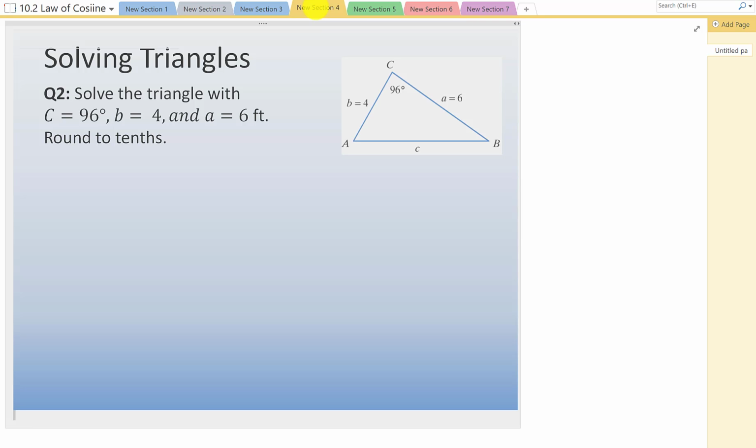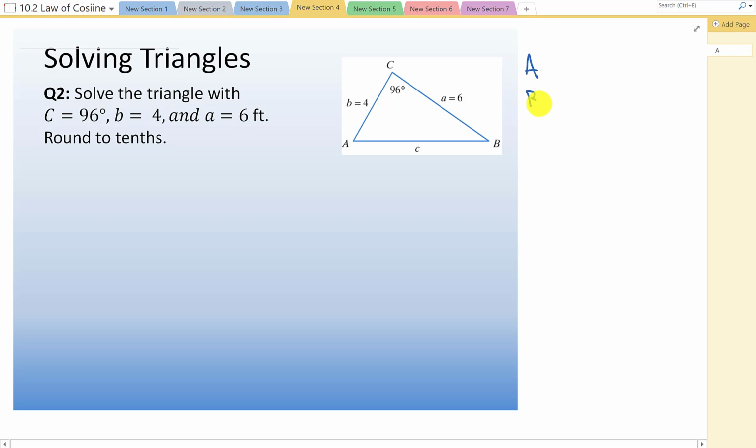All right, let's try another one. This one, I solved the triangle, so it's really a repeat of the previous problem. We've got to solve all the parts. So we need angle A, B, and C, and we need side A, side B, and side C. Actually, B we know is 4 feet.